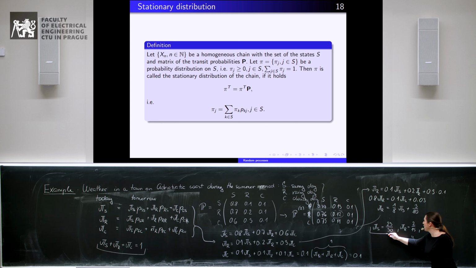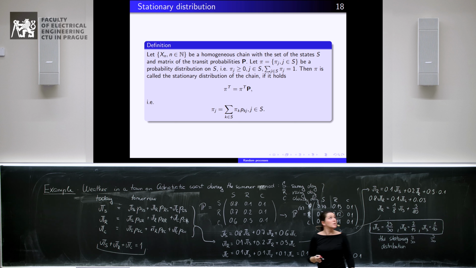So this is something what we can call the stationary distribution.